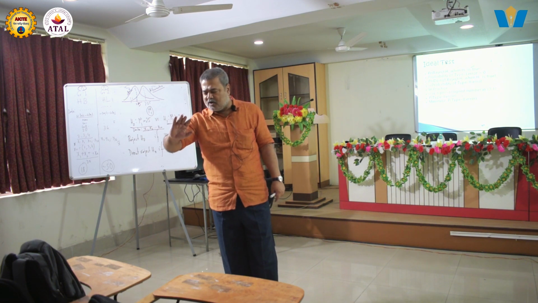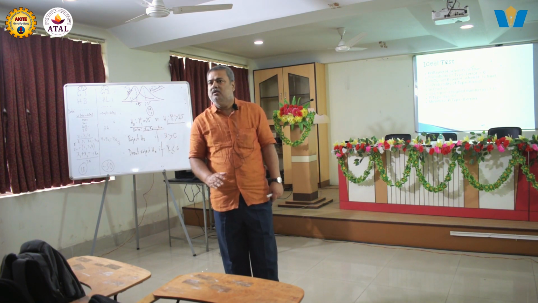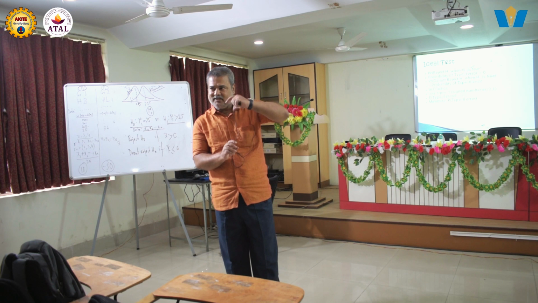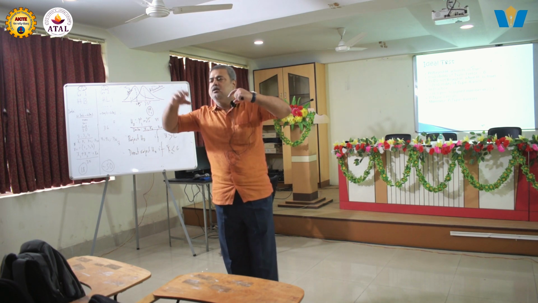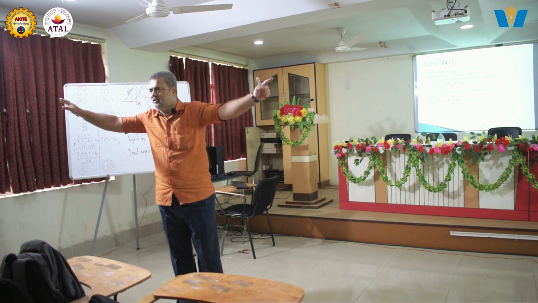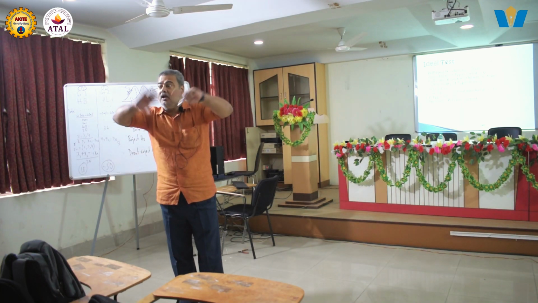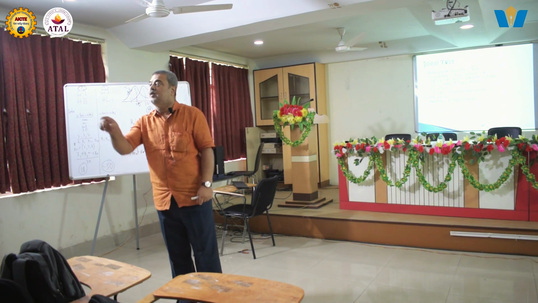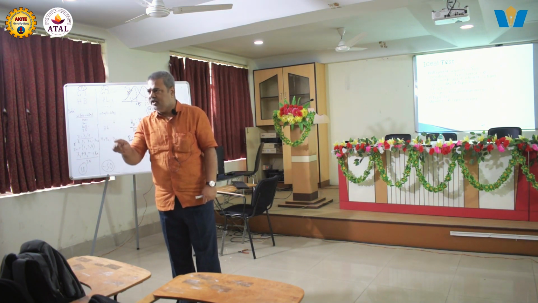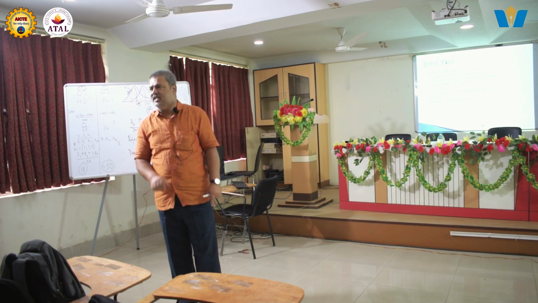So the probability of type 1 error is very low, less than 0.05. Subject to that, try to find, out of the several tests which are all of level alpha, level 0.05, that test for which the probability of type 2 error is minimum.